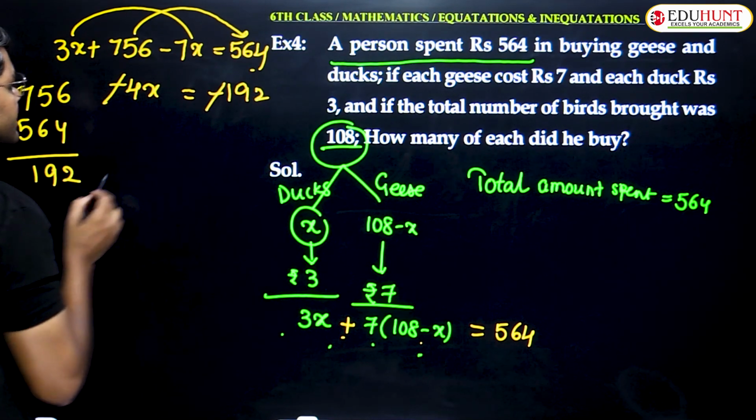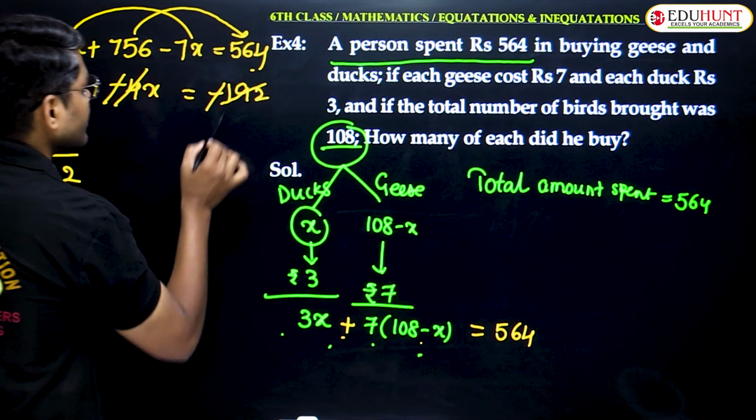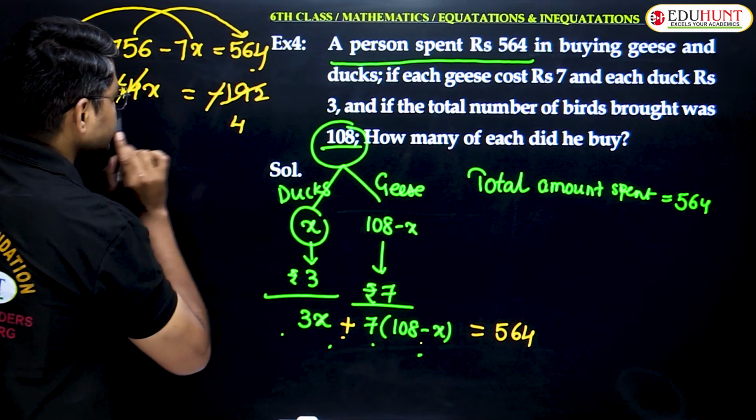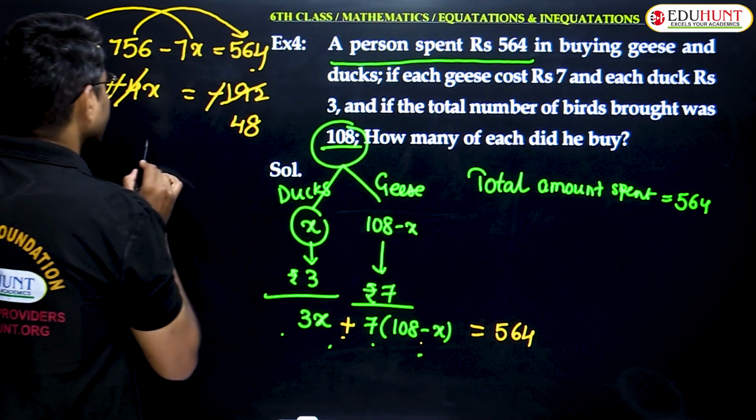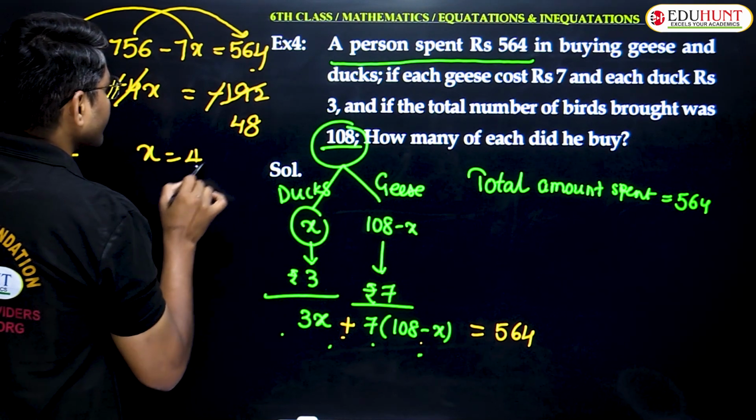Minus and minus will get cancelled. 4 times 4 is 16, 4 times 8 is 32, so x is equal to 48.